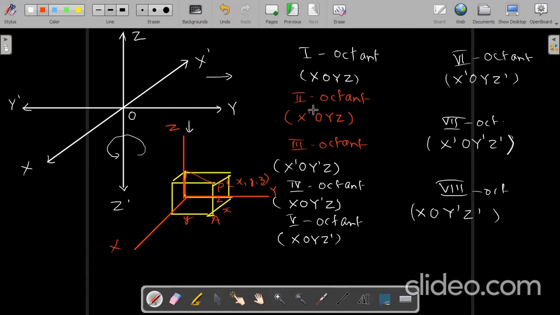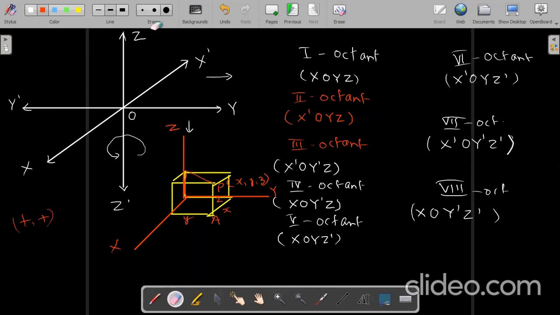Number two, a very important part: what will be the signs of the coordinates. As you have seen in 2D, if both the coordinates are plus, plus, it lies in the first quadrant.